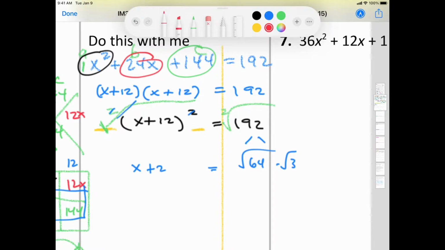And remember, I'm going to put this plus or minus right here so I don't forget it. x plus 12 equals plus or minus, the square root of 64 is 8, and the square root of 3 cannot simplify.